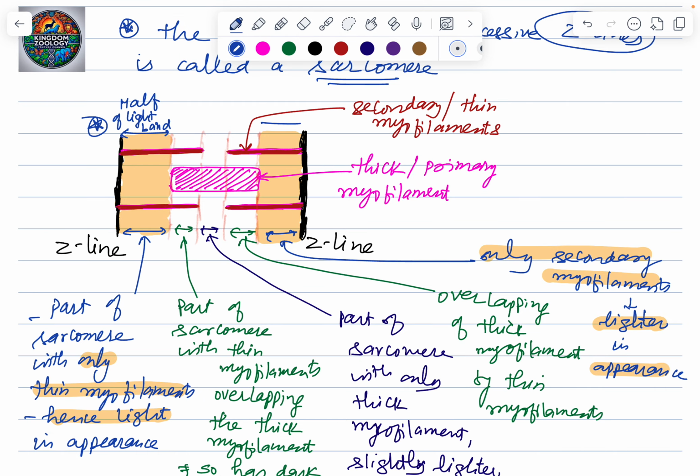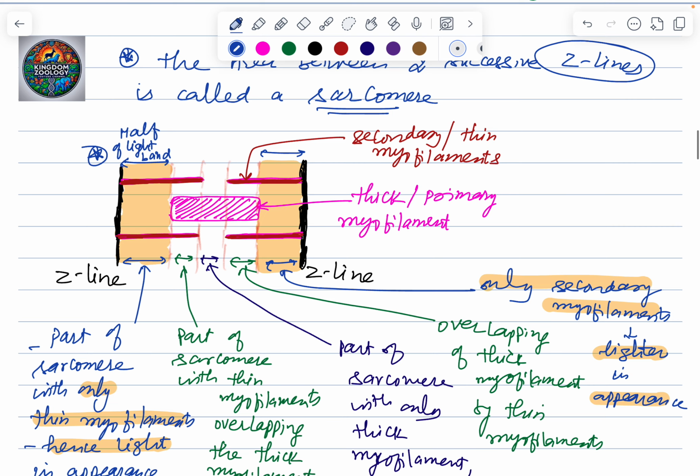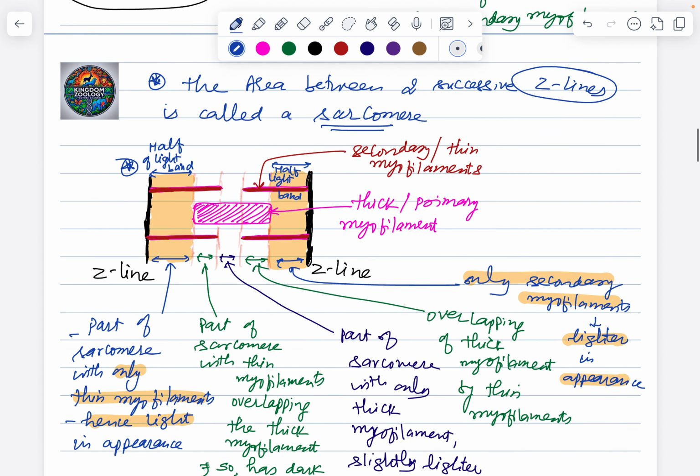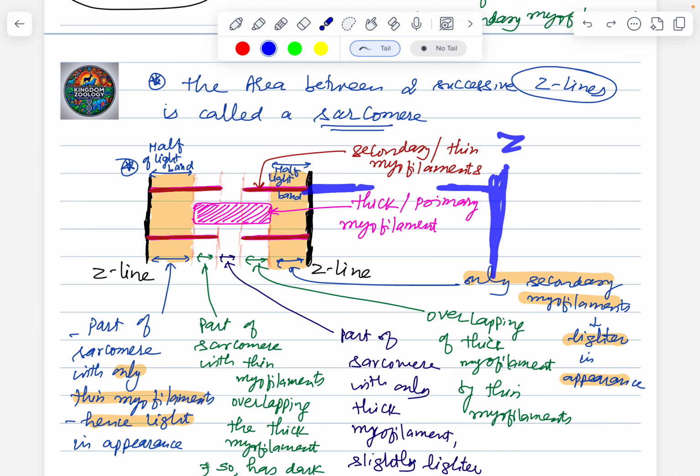This is also what? Half of the light band. Why are these halves of the light band? Because if there is one more Z line over here, that's another arrangement of the same myofibrils.